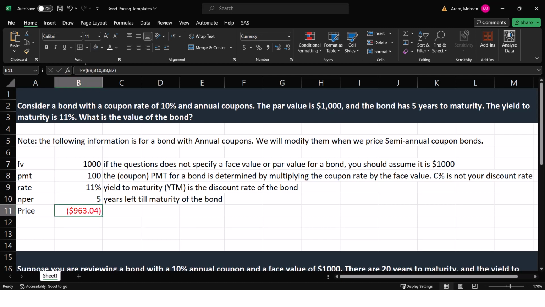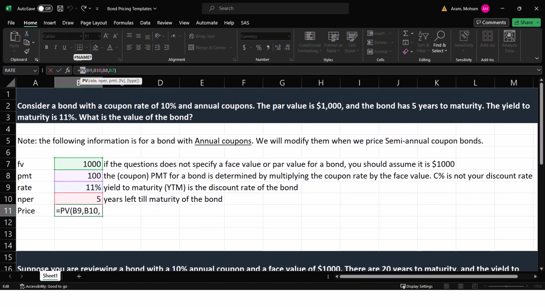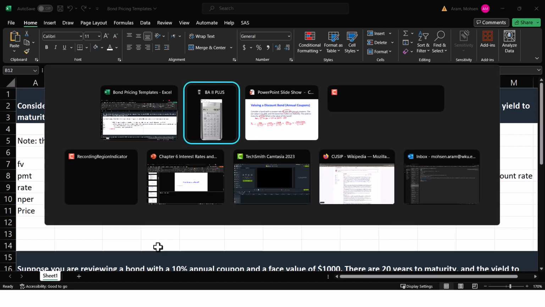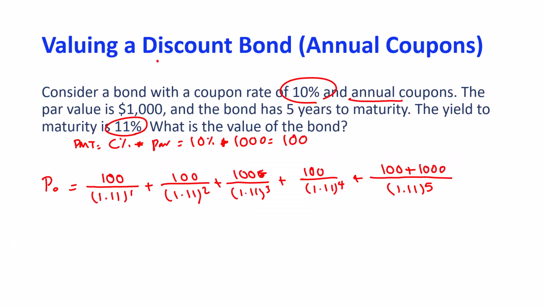All you're doing here, you're finding the present value, the same way that we did in the previous videos. Then you can compute it, and you end up with a number that is less than 1,000. We call this a discount bond. If the price of the bond is less than 1,000, we call this a discount bond.